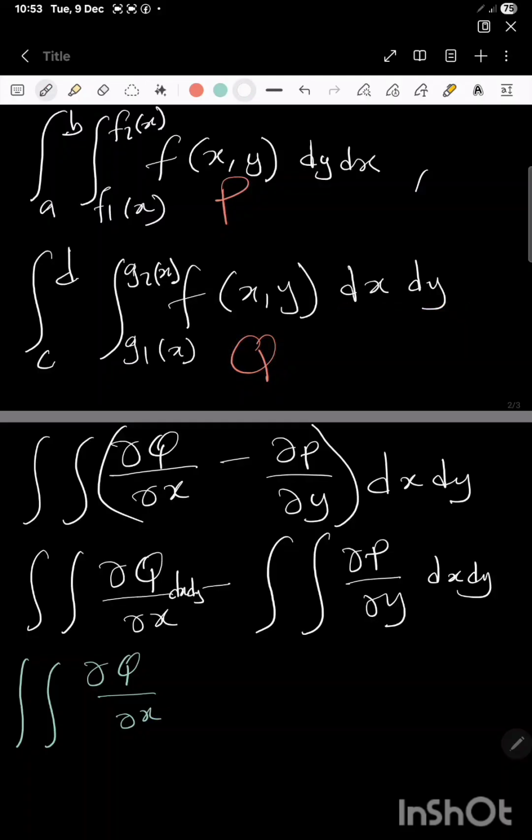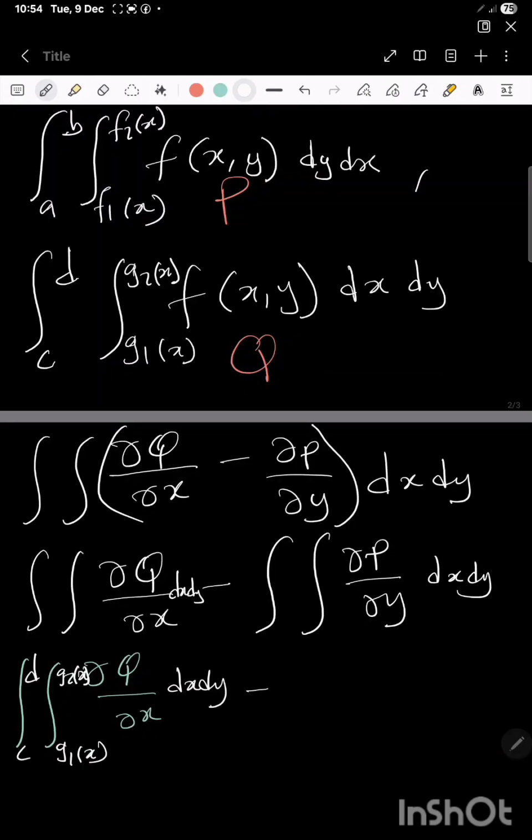And then the limits of Q in the assumptions are that we are integrating from c to d, and g1 of x to g2 of x. Those are the limits of the function Q.